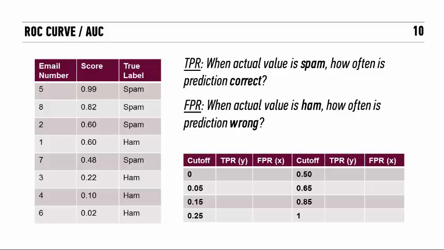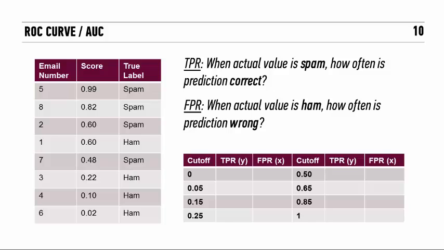The single value that comes out of the ROC curve is something called the AUC, the area under the curve. ROC, I forgot to mention this, stands for receiver operating characteristic. AUC is the number that you get out of this.